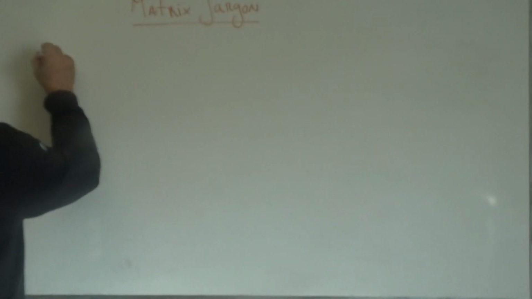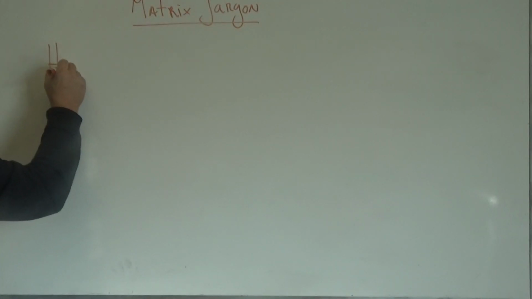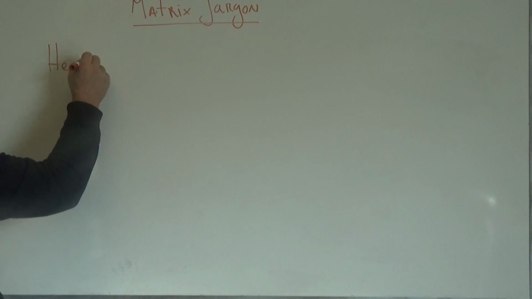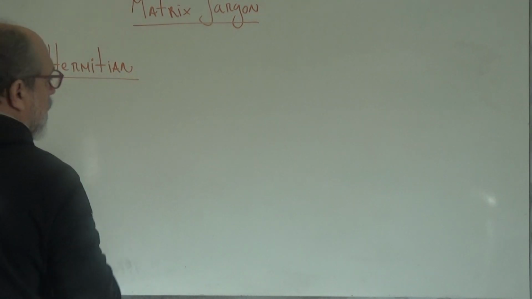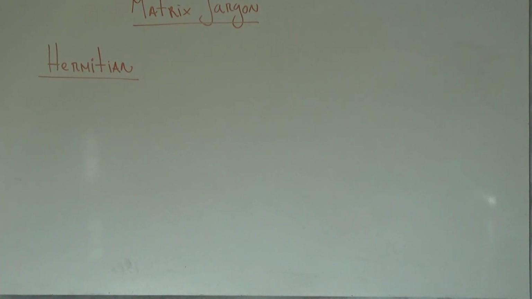So first, when we say that a matrix is Hermitian, what we mean is that its complex conjugate transpose is the same as the matrix. If the matrix is real, this is the same thing as saying symmetric.